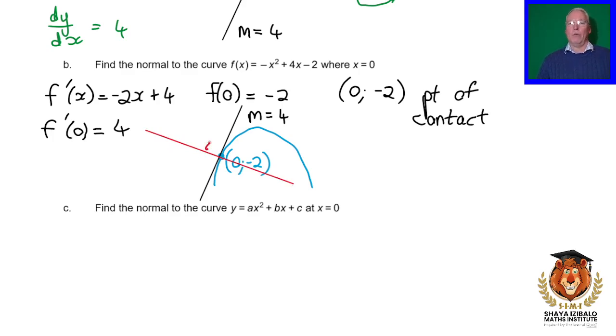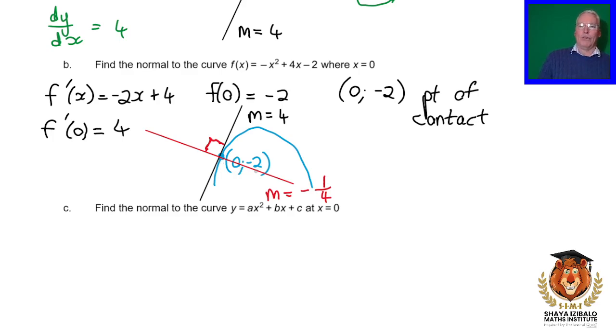What gradient will the red line have? Yeah, it's actually the same as last time. It's going to have a gradient of negative a quarter. Remember how we found a perpendicular gradient? We turn it upside down and we change the sign. Now (0, negative 2), not surprisingly, is on the y-axis.